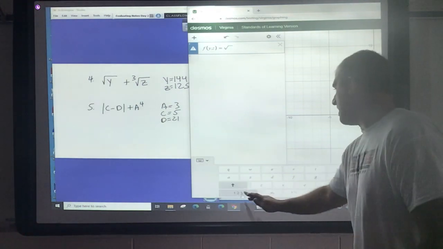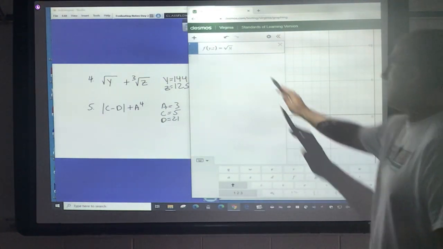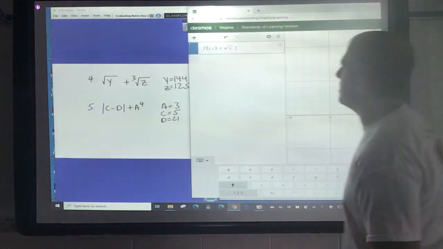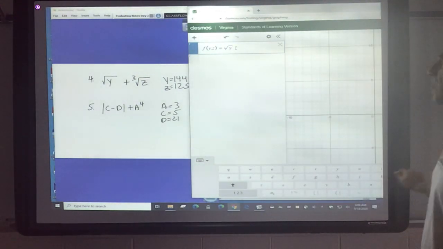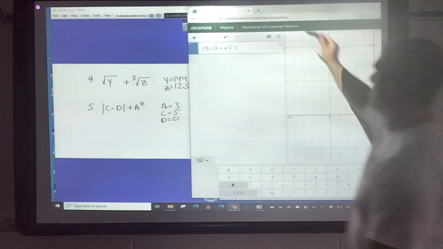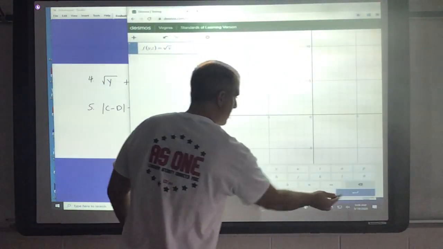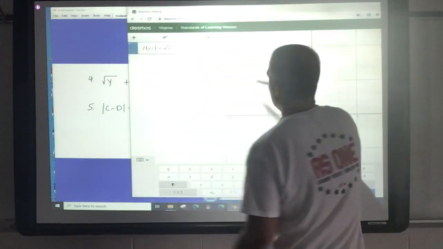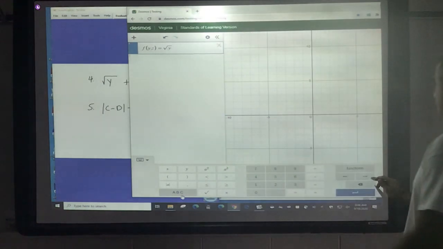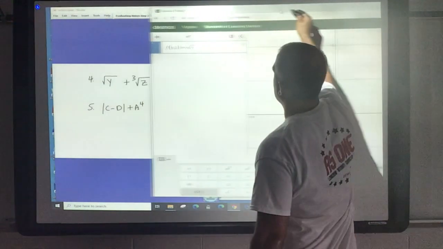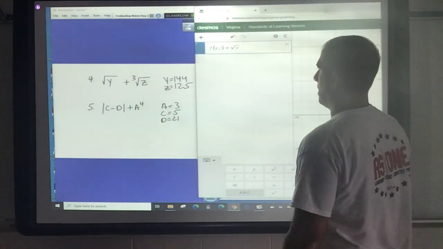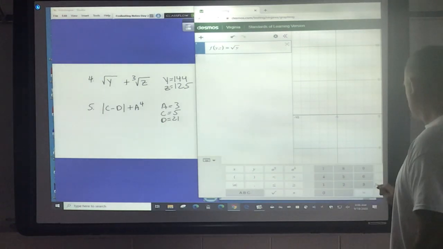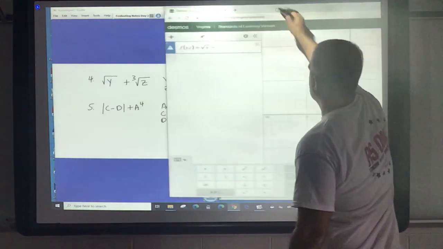Square root of Y. I want to click outside of it, or you can hit that little button right here to go over. Plus, oops, that's minus.